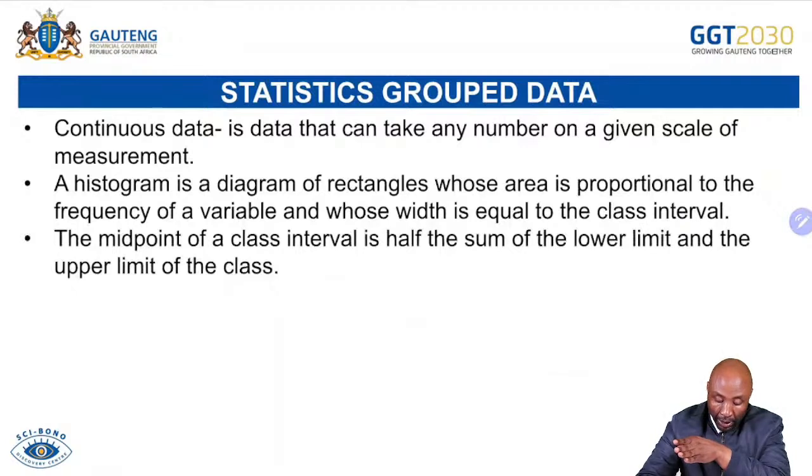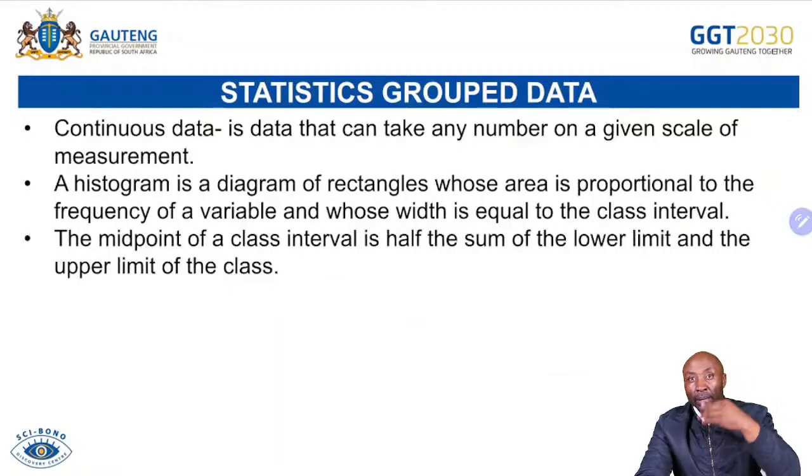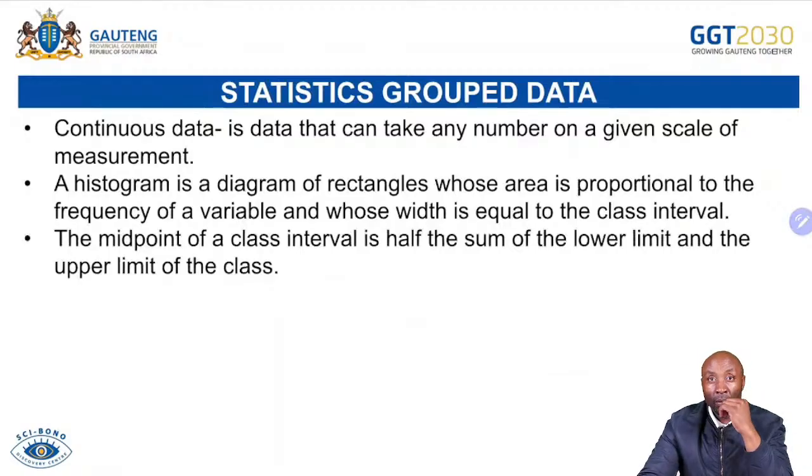There shouldn't be any gaps between the bars. These represent our rectangles with our frequency on the dependent variable side, or on our y-axis, and the class interval on the x-axis.